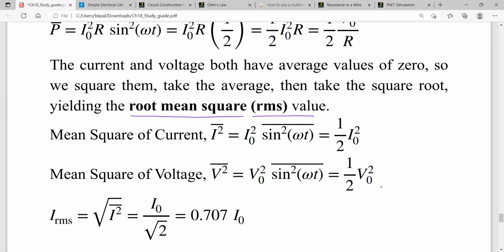It's very similar. We take the square of a quantity, then take the mean of it, and then take the square root. That is the root mean square. So let's do it. Let me go back to the whiteboard.